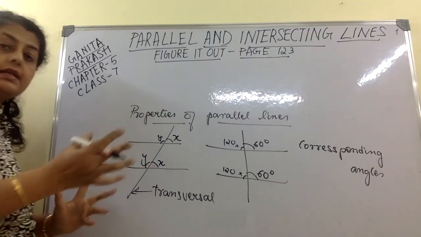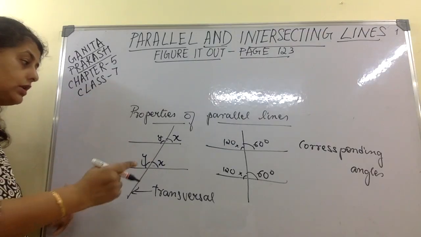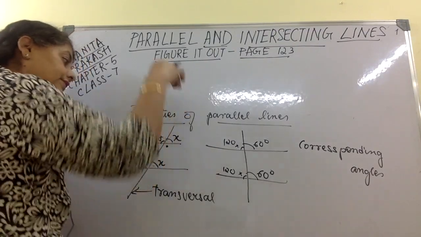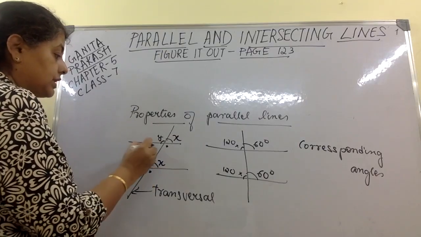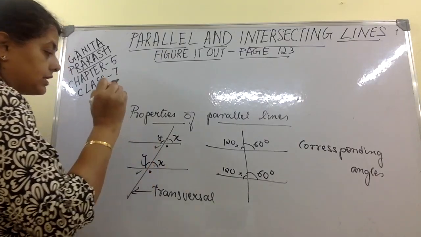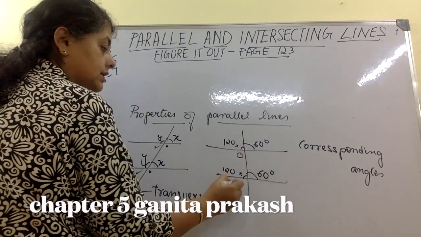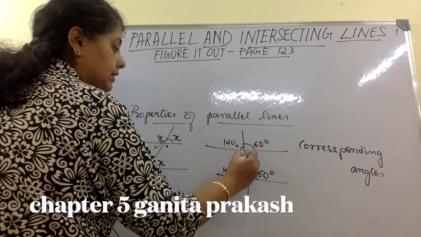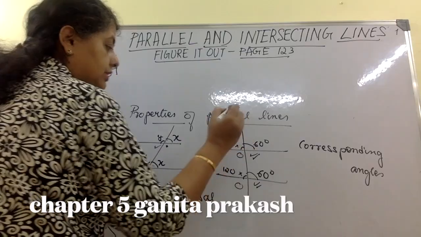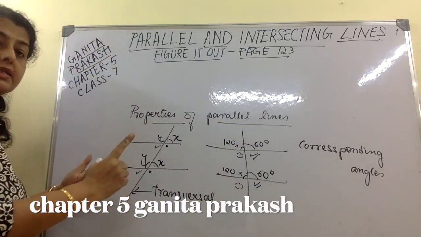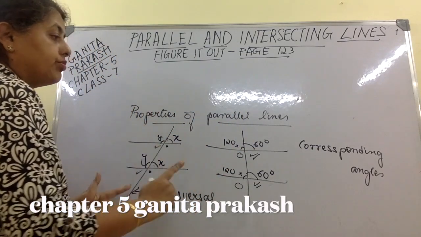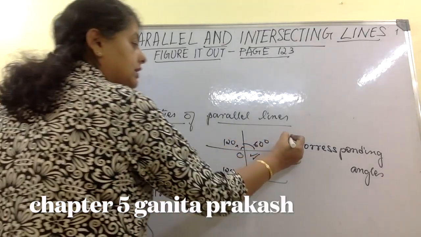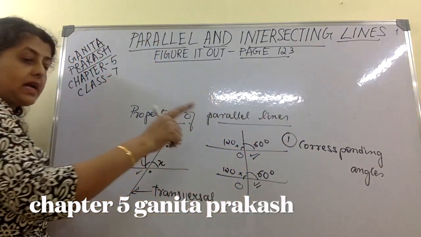Corresponding angles in parallel lines are always equal. Even from the other side, this is equal to this, and similarly here, this is equal to this, and this angle is equal to this. These are all corresponding pairs, and they are always going to be equal. This is the first type of angles in parallel lines.